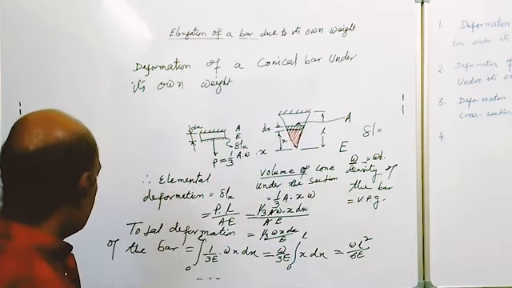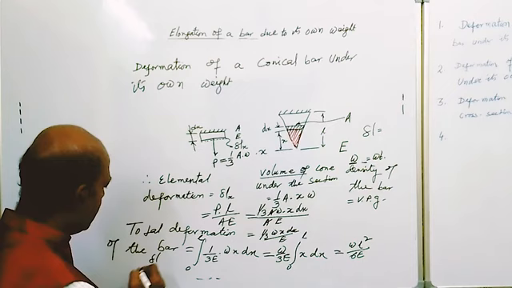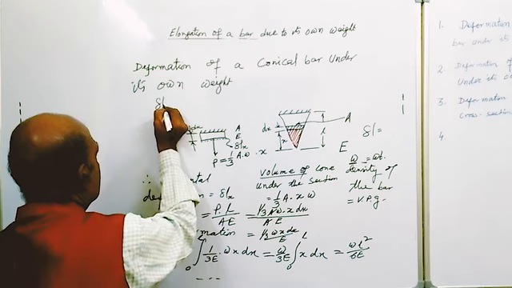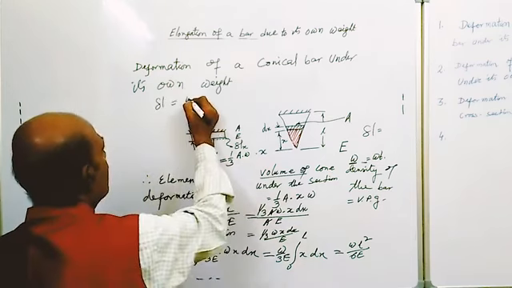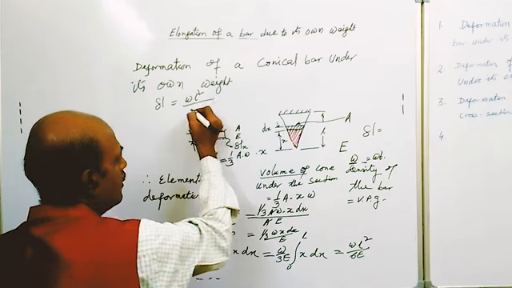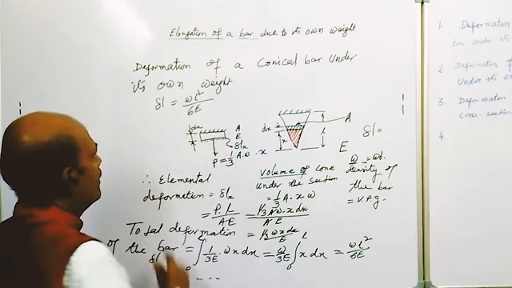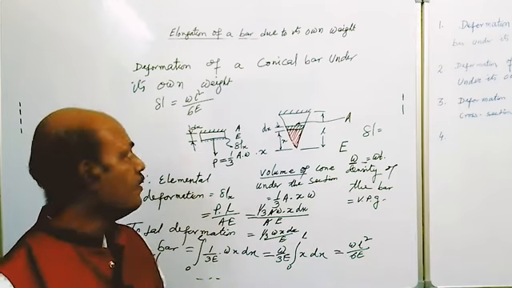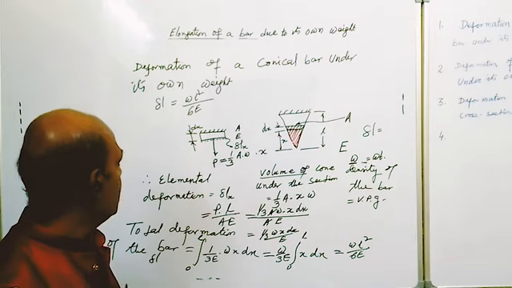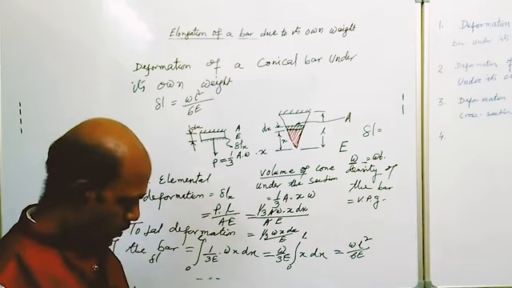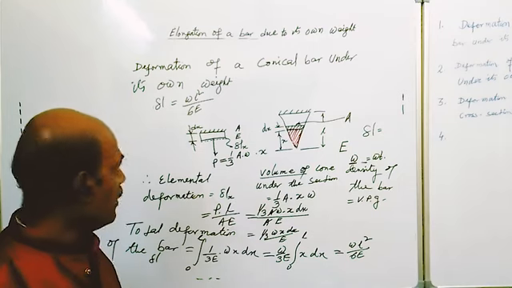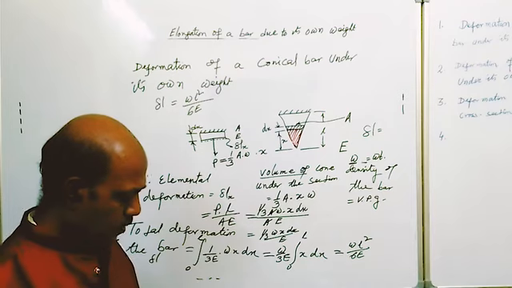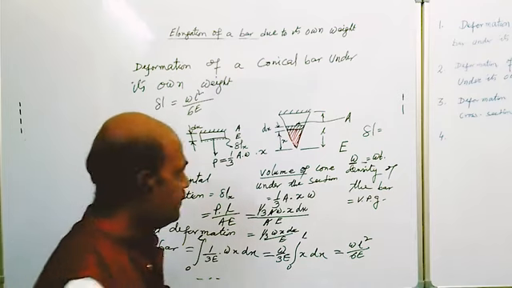So this is the total deformation of the bar, denoted by delta L. So delta L, the total deformation of the bar, is given by W into L square divided by 6E, where W is the weight density of the bar, L is the length of the bar, 6 is a constant and E is the Young modulus of elasticity. So by this way we can easily calculate the total deformation produced in a conical bar.